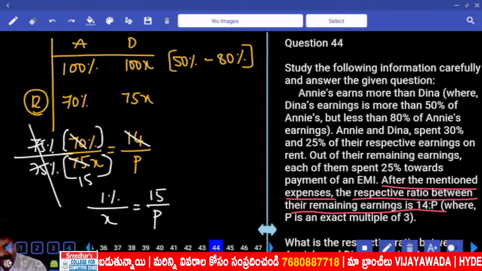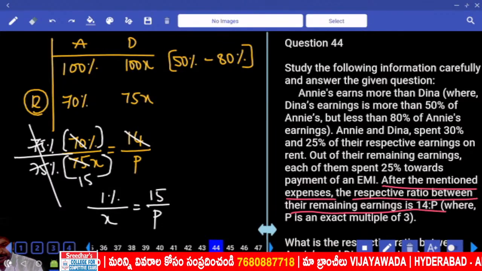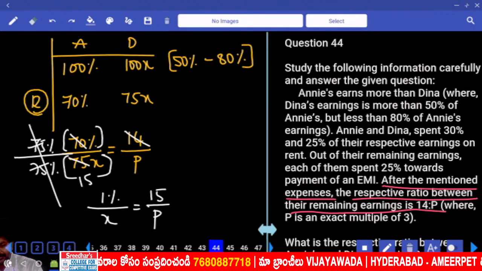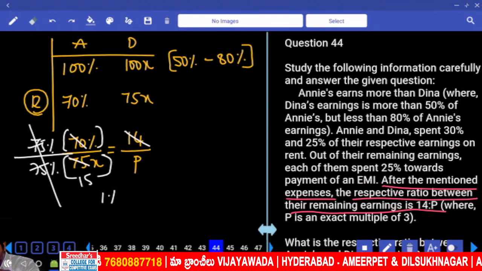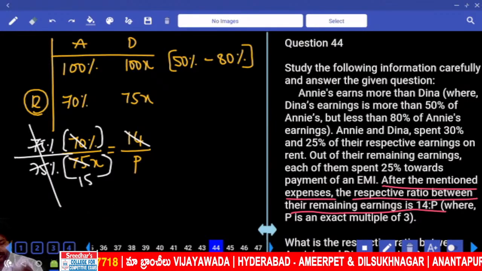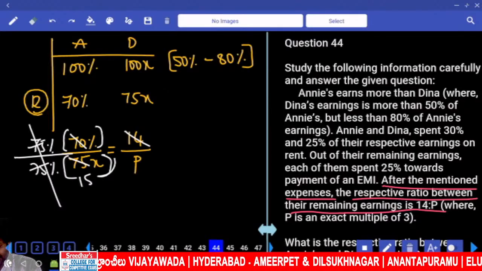Is that all? Something is off. x is in the left hand side denominator.